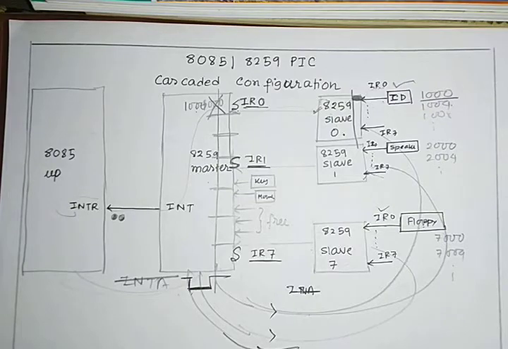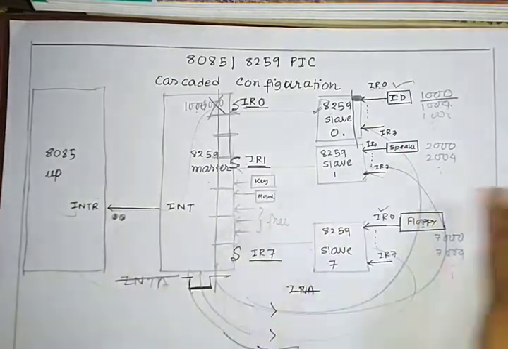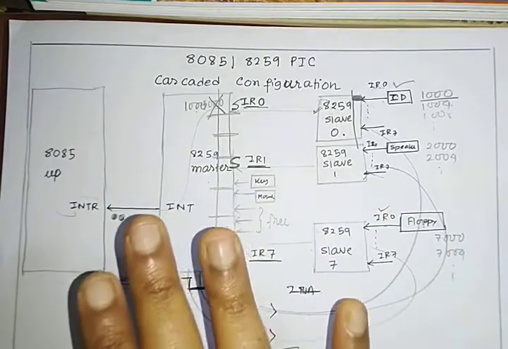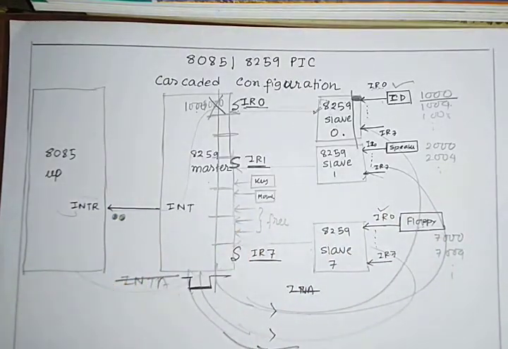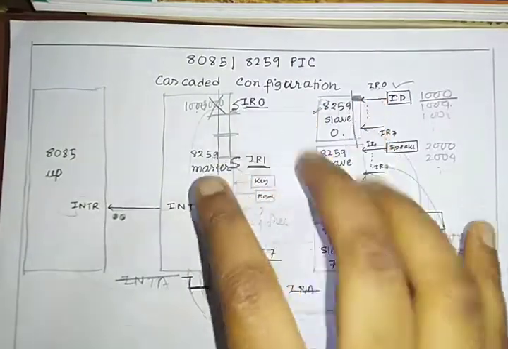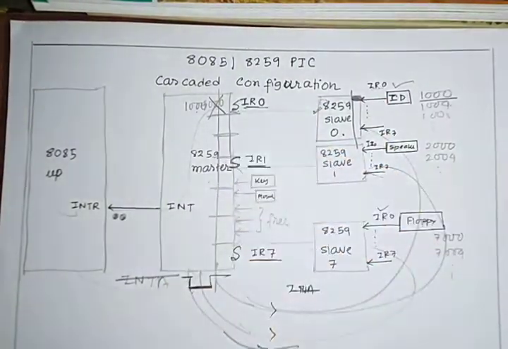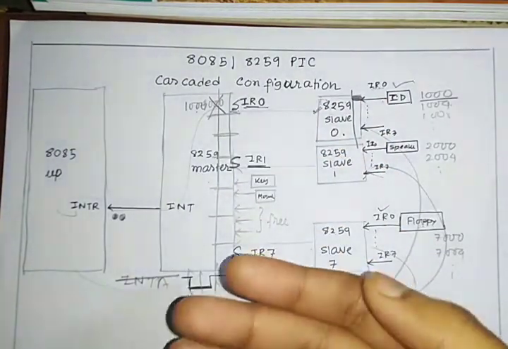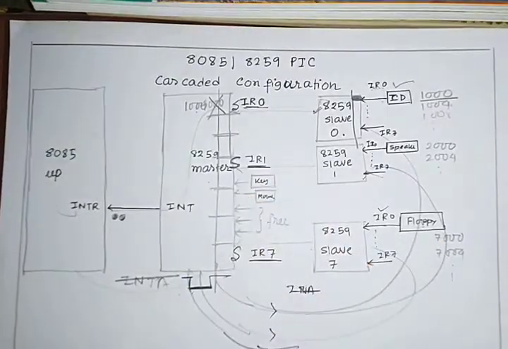So first, what I have to do: initialize master and slave, everyone. Second, initialize the master, telling it where the slaves are plugged in. You have to inform the master in which ports there are slaves. Third, initialize every slave with its unique slave ID.